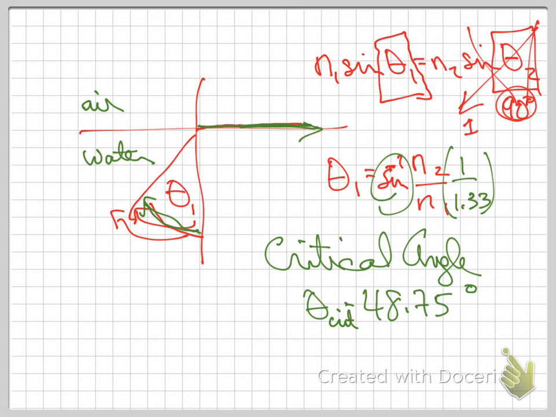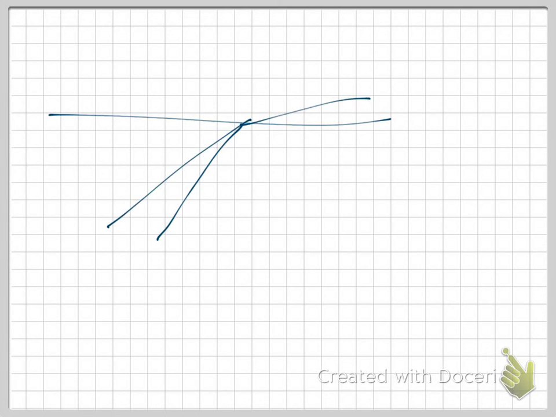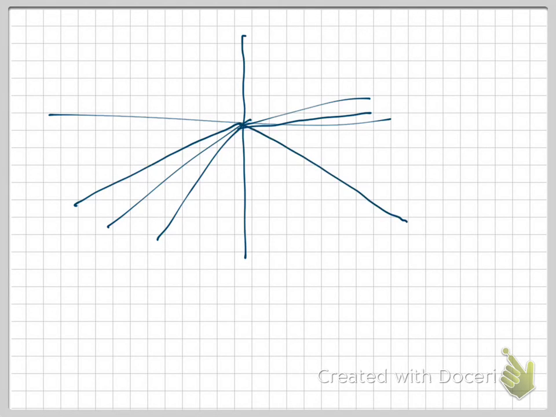Water to air. So what happens if you're above that angle? This is sort of the last thing we're talking about here. As you approach that bending, once you get past the critical angle, anything above it is going to give you a reflection.